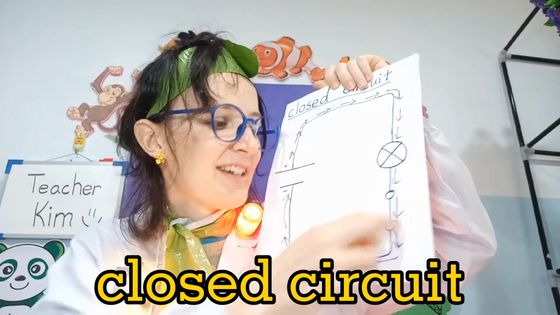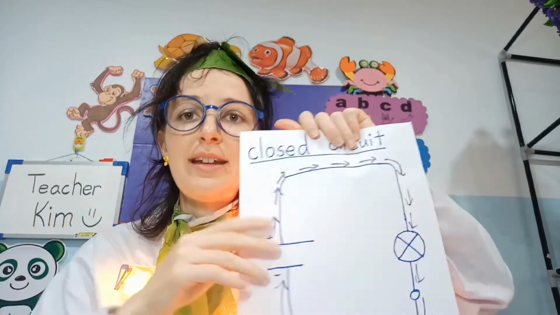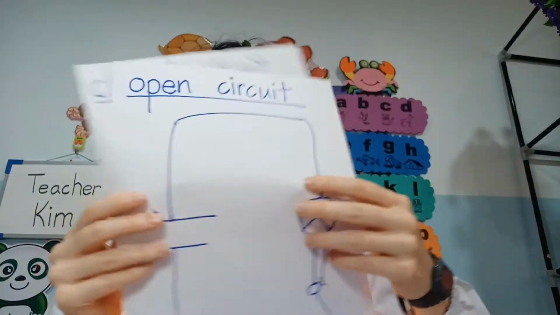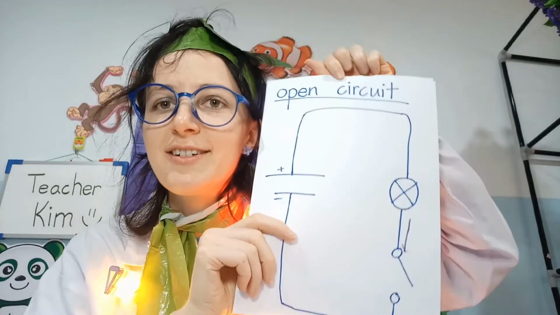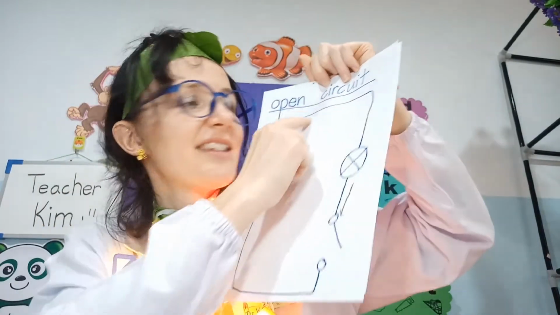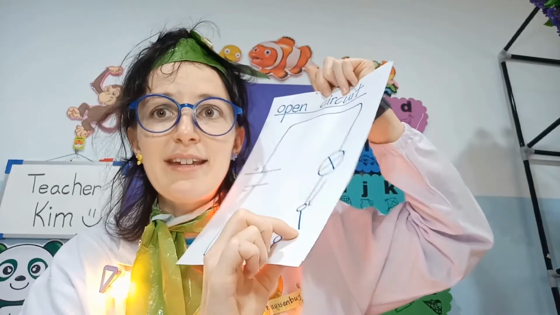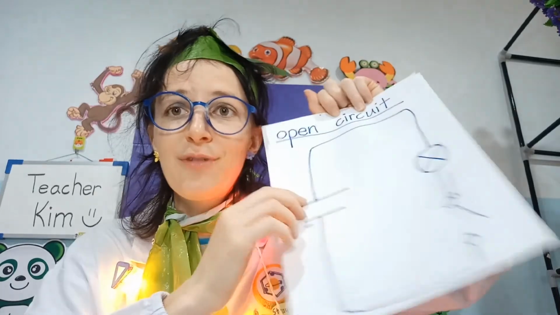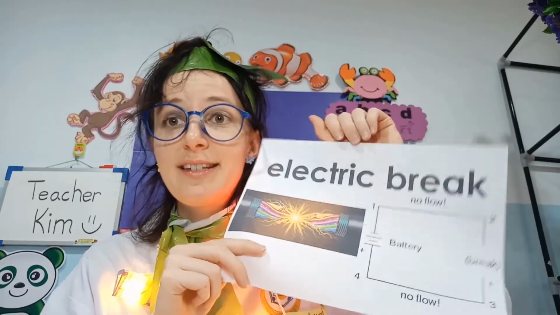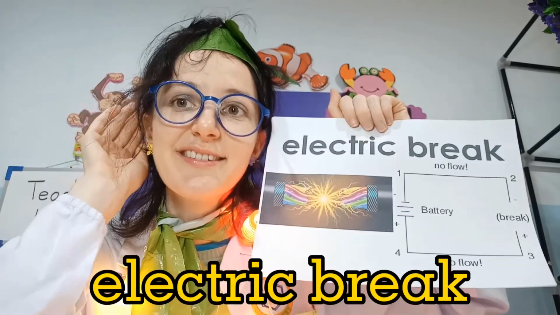The electric current can run along the circuit without stopping because there is no break. But we also learned about open circuit. Yes, on the open circuit, the electric current can run, but it will be stopped by a break. And then the light bulb will be turned off. So the space is called an electric break.